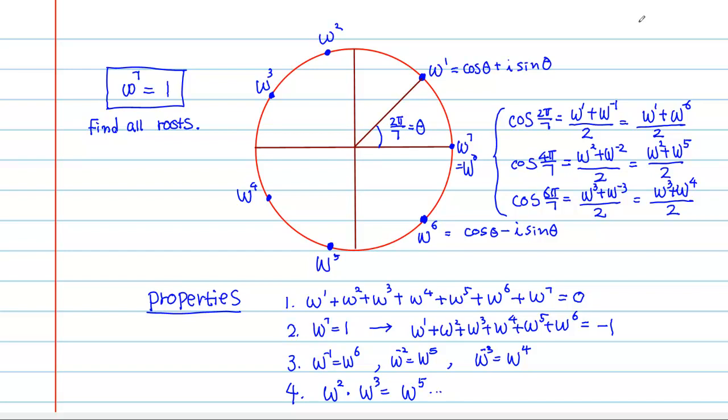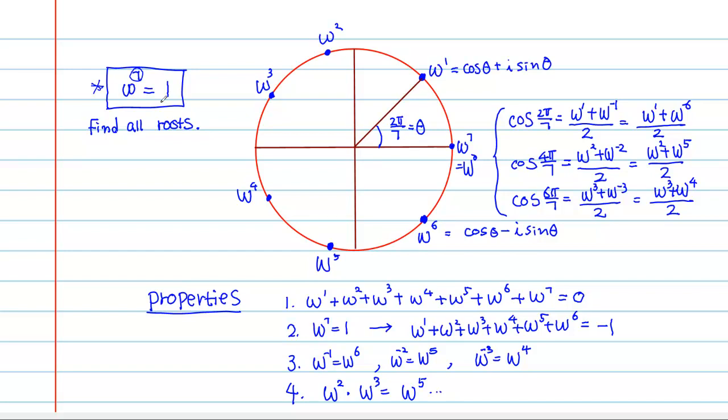Now take a look at this one. If we have W to the 7 equals 1, we extend the roots to the complex numbers. There will be 7 roots, since it is degree 7. The magnitude is 1, so all roots should be on the unit circle. We start from here because W to the 7 equals 1.